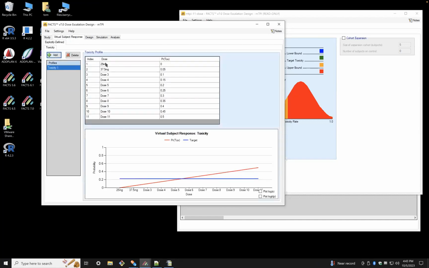Sadly, we don't include the parametric models here in the MTPI, and I will need to create them under the N-CRM and then copy the corresponding toxicities over manually, which is obviously a bit of a pain. And I'm going to turn to one I prepared earlier rather than make you watch me do that.